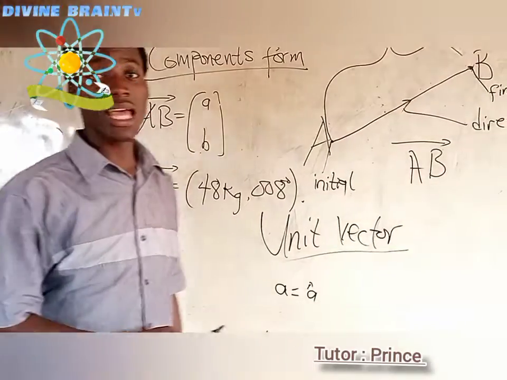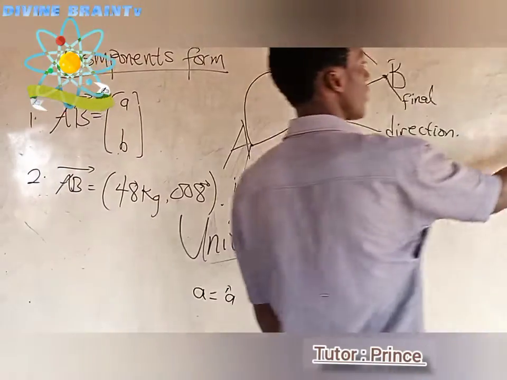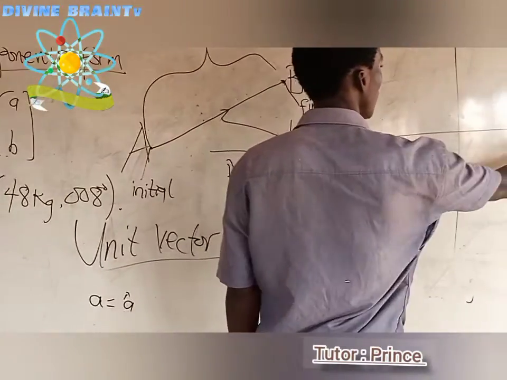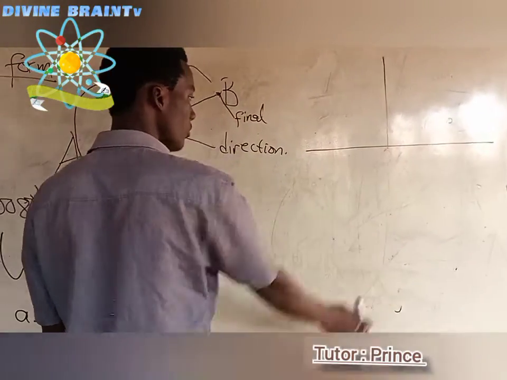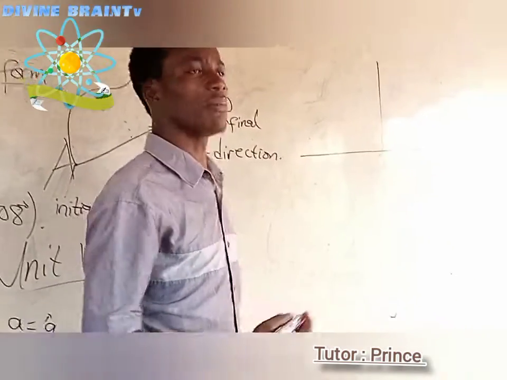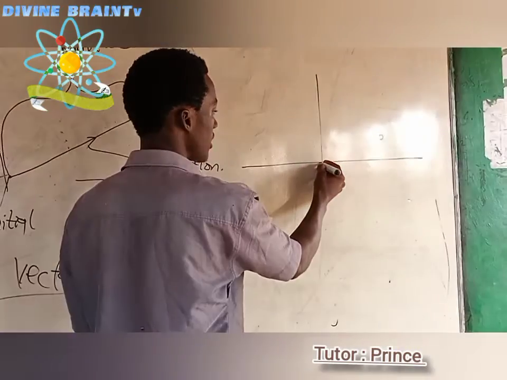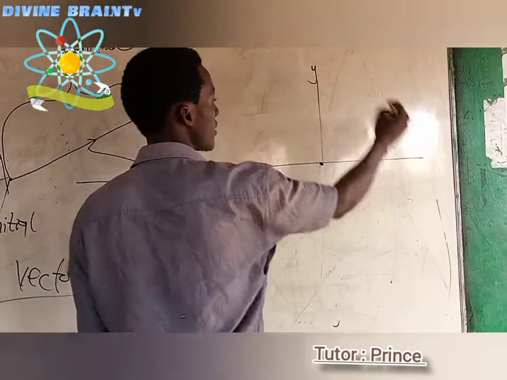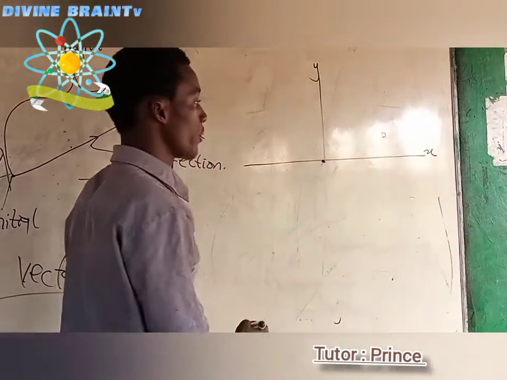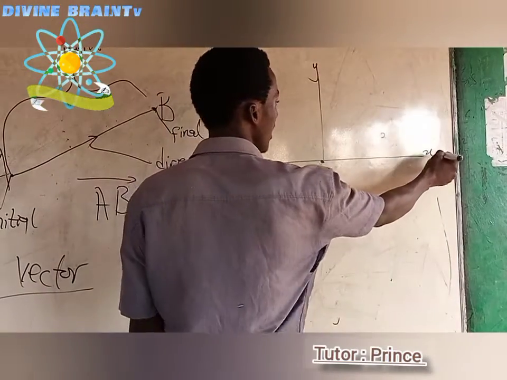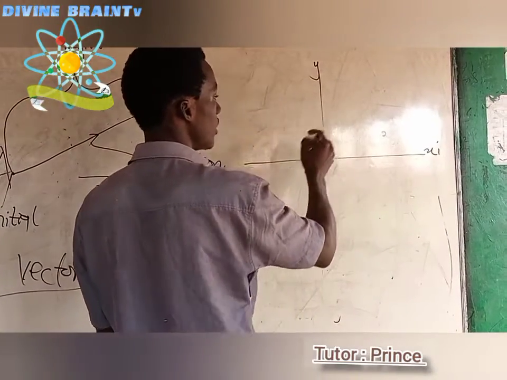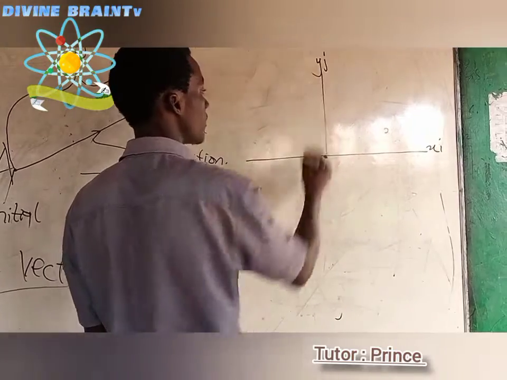And then we can consider the Cartesian plane of coordinates. In the Cartesian plane, assuming a particle is here, this is the y-axis, this is the x-axis.